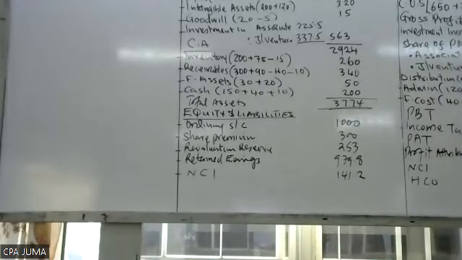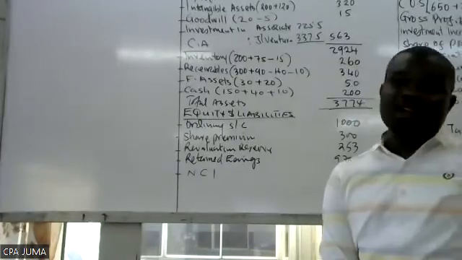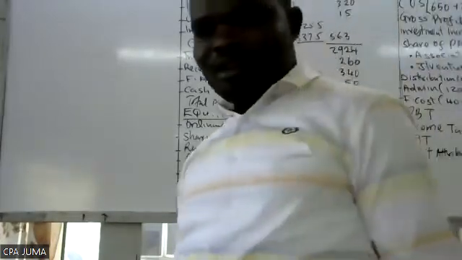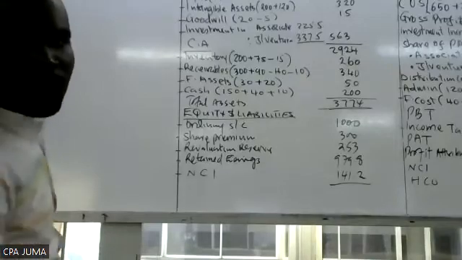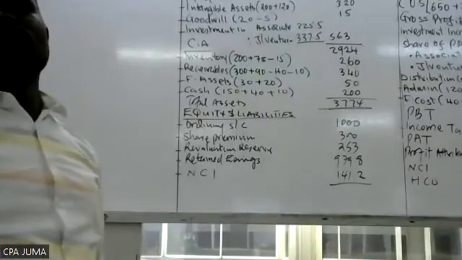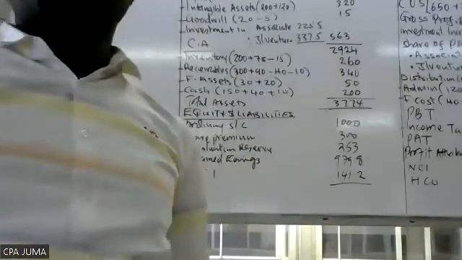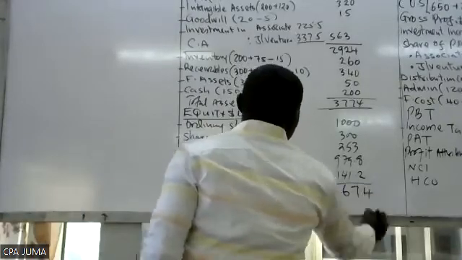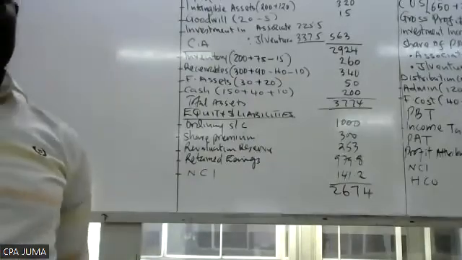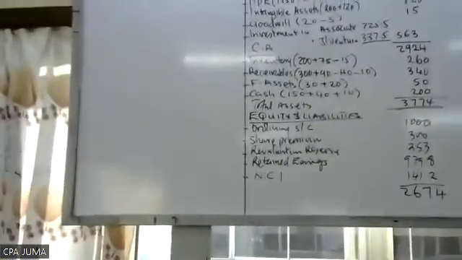Therefore, can you add? How much is the total equity? 2674.